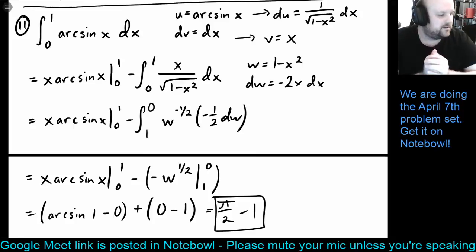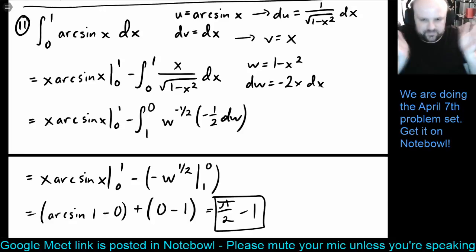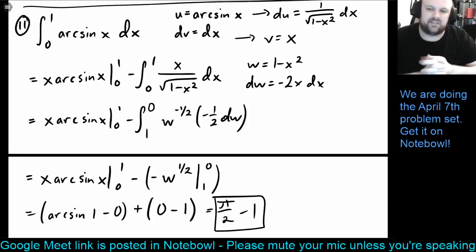Awesome. Yeah. Great to hear they make sense. Yeah, these integration by parts, like I was saying, is just pretty straightforward once you sort of see what's going on in the problem.